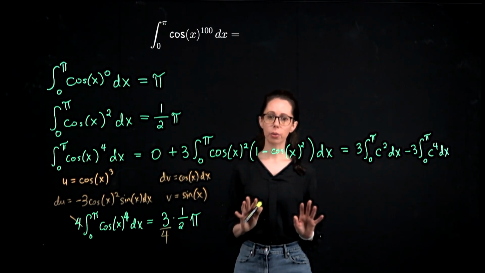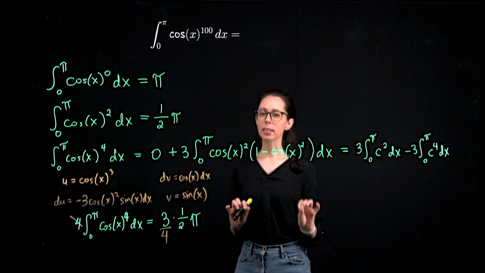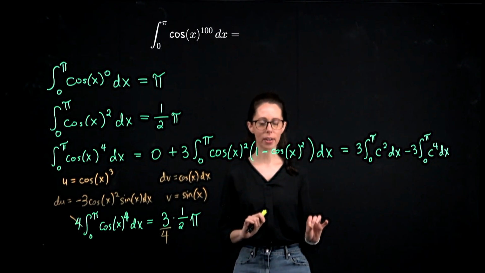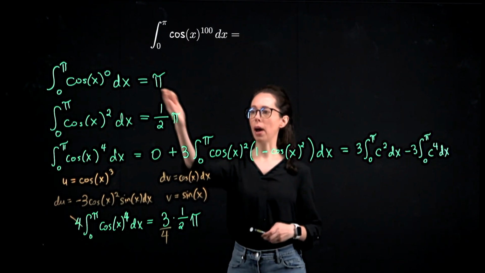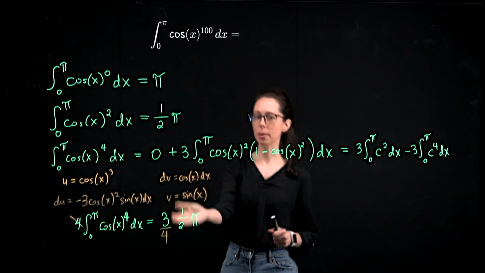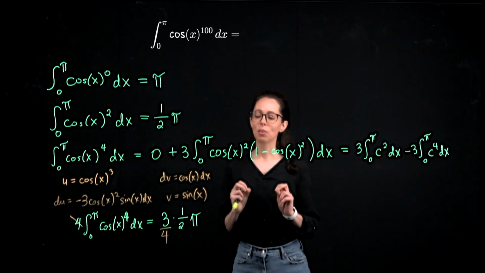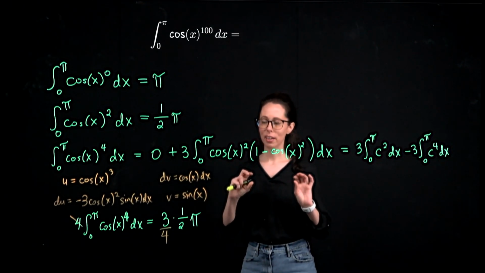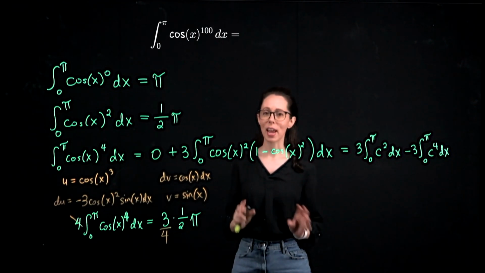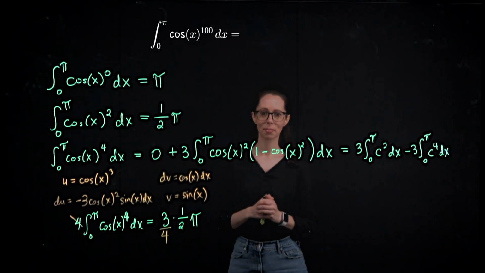I'm not asking you to do this again. I'm asking for you to try to recognize a pattern. So based on what we have, pi, 1/2 times pi, 3/4 times 1/2 times pi, write down, again, a conjecture for what the next expression would look like.